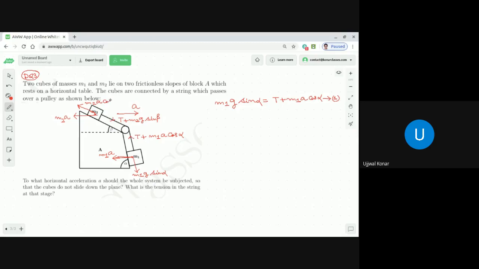Again, if we equate these, we get m2 into g into sine beta plus capital T, that should be equal to m2 into a into cos beta. So this is equation number 2.